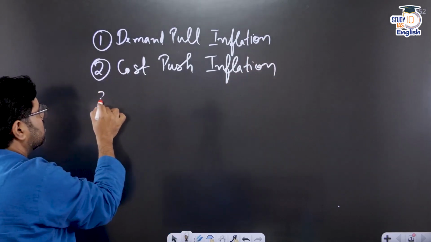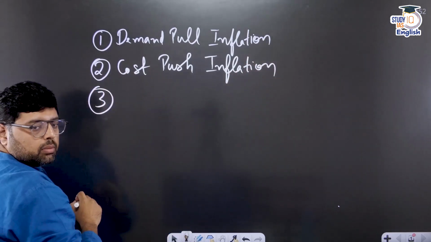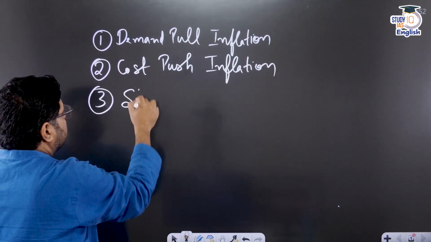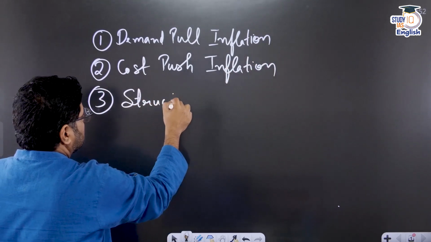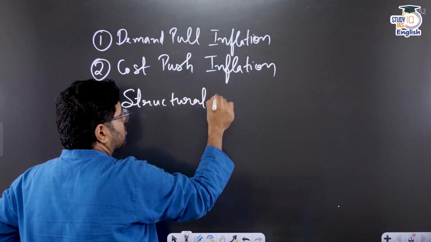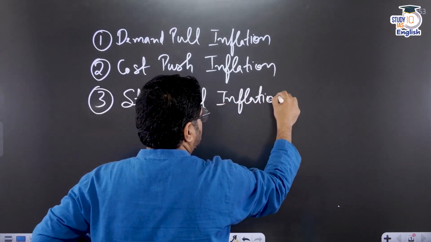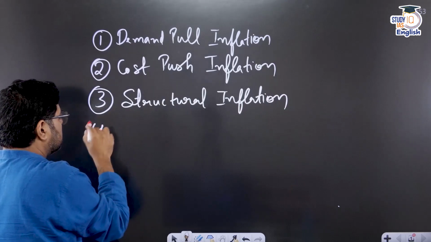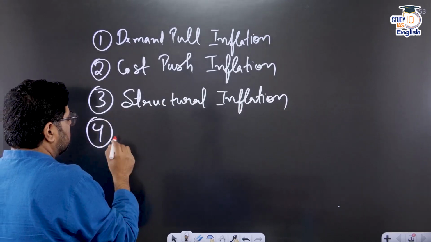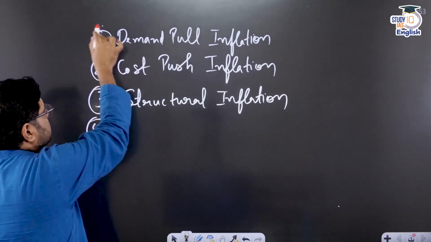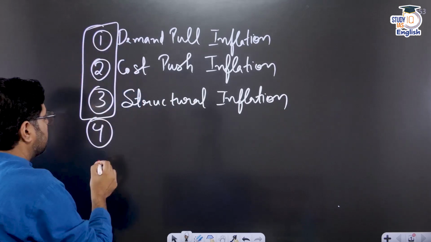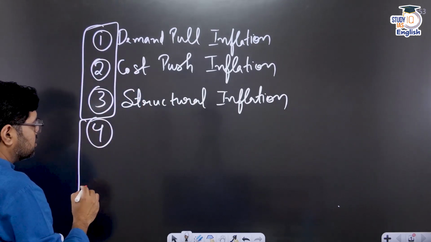Number three is structural inflation. You can say these are the three major reasons for inflation. Apart from that, there are three minor reasons also.